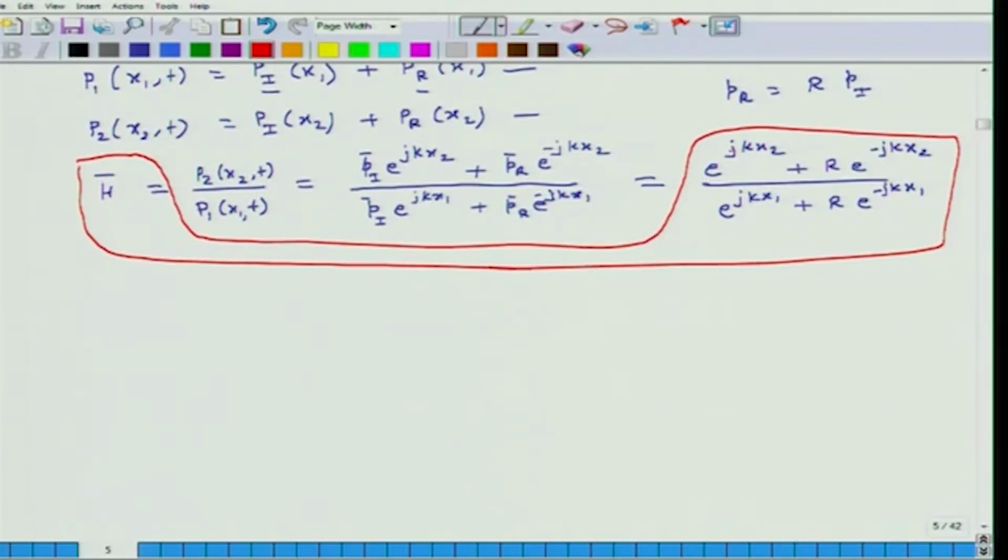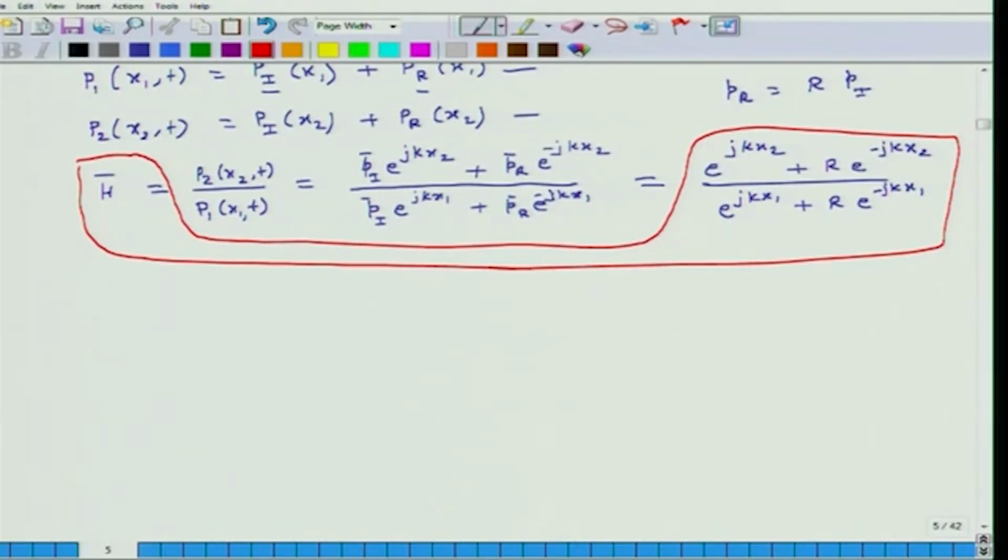K I know, because if I send in a particular frequency, I know its wavelength, so I can calculate its wave number. I know the locations x2 and x1. So on the right side I know everything except R, and on the left side I know h through experiment.